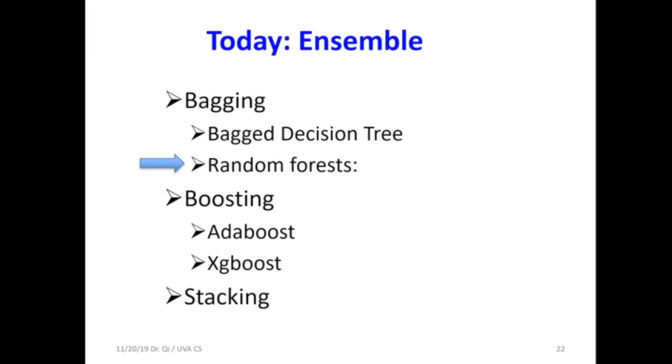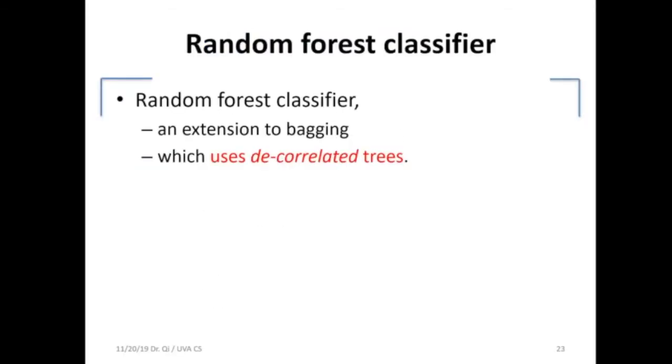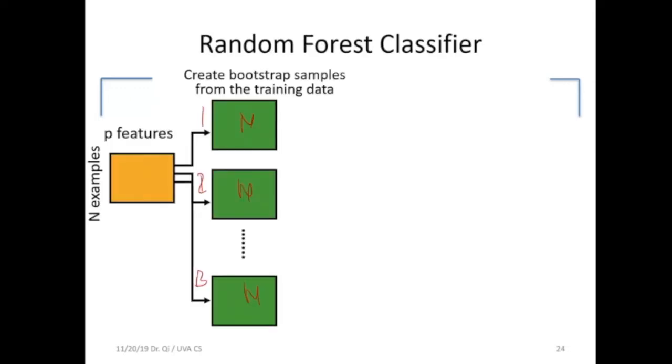Okay, so random forest. What is random forest? Random forests use decorrelated trees. That's the fundamental idea. But in fact, the whole pipeline is almost the same as bagging. The only difference is, I'm still doing a bootstrap sample of my training data to get S1 to SB, and each one of them has the same size as the original training data.